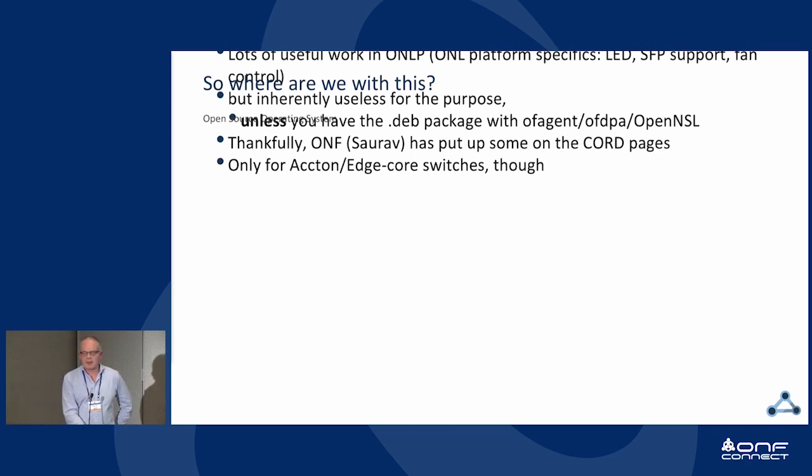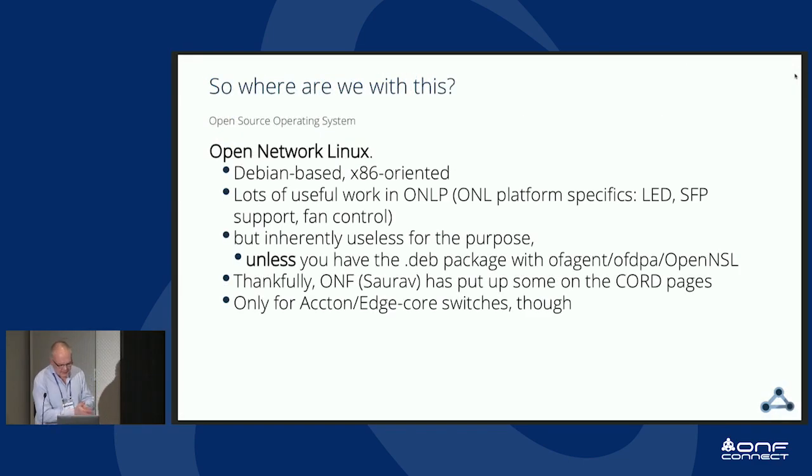There is of course Open Network Linux, which is great because it contains a lot of vendor extensions for fan LEDs, SFP recognition, all the ONLP stuff. So that is absolutely necessary, but it's inherently useless for the purpose of building a router because this glue is lacking that translates the output of the routing engine into the ASIC.